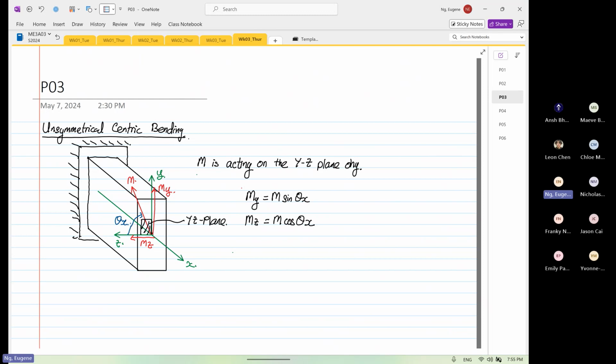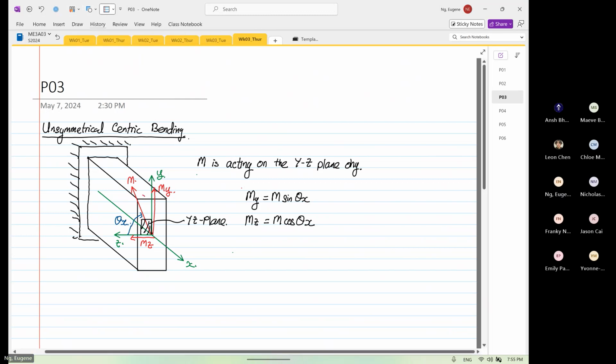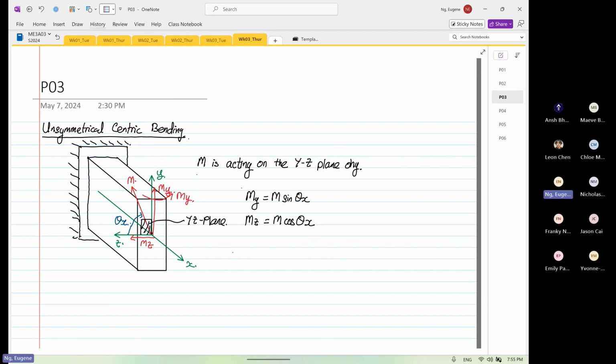From here, we are going to use the right-hand rule, and by using it we can sketch the moment vector. The moment vector for My, using the right-hand rule, is this, and Mz using the right-hand rule is in this direction. Once you have the moment vector, you know what is positive and what is negative.